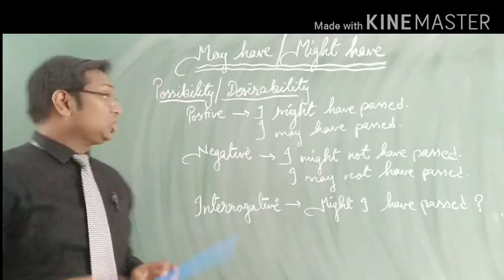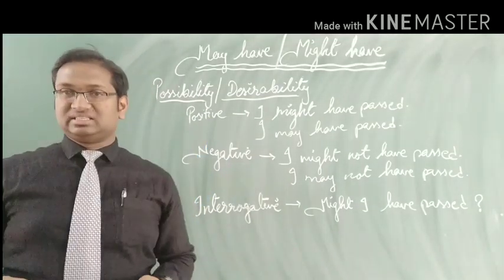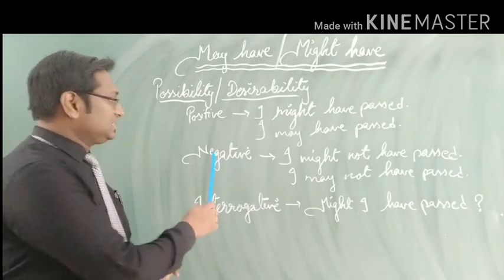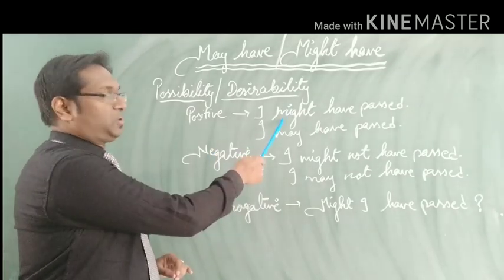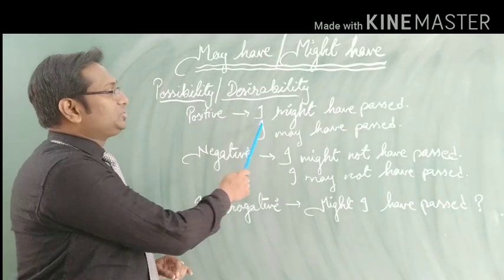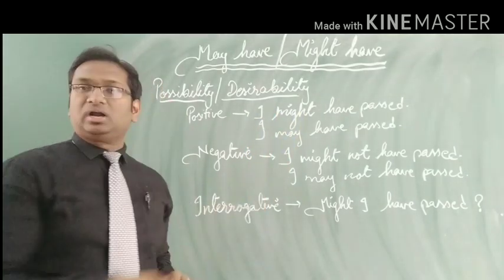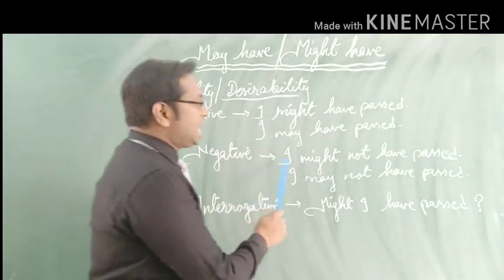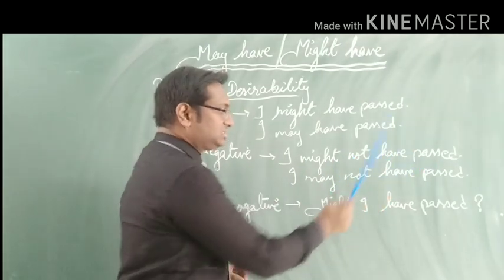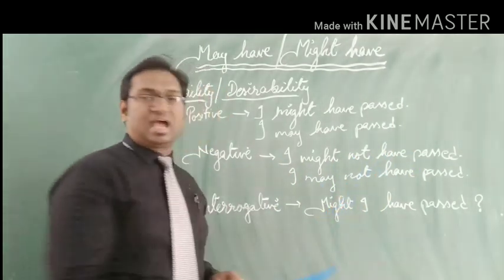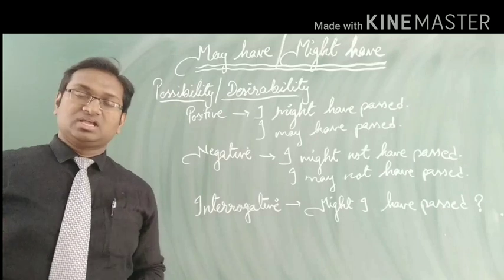Now, these are your positive sentences. Next, negative. Change these positive into negative. So, we are going to use not after might or after may. So, I might not have passed. I may not have passed.